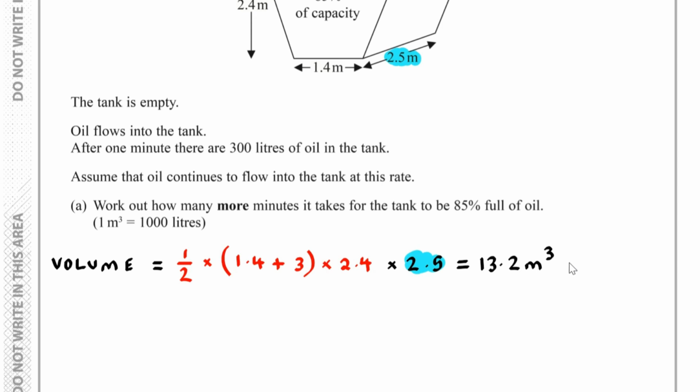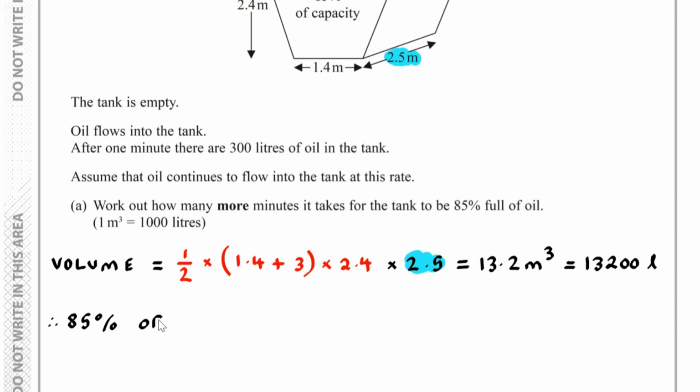And if I convert this into litres by multiplying by 1,000, I would end up with 13,200 litres. So what else I know is I can work out 85% of the volume.